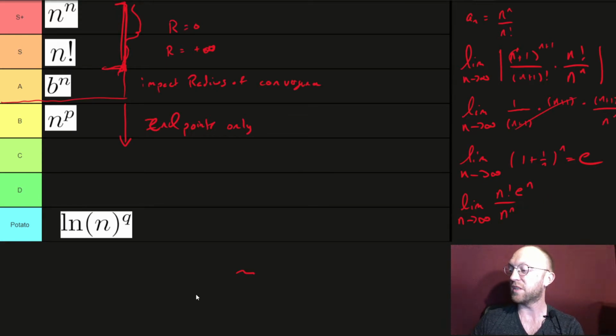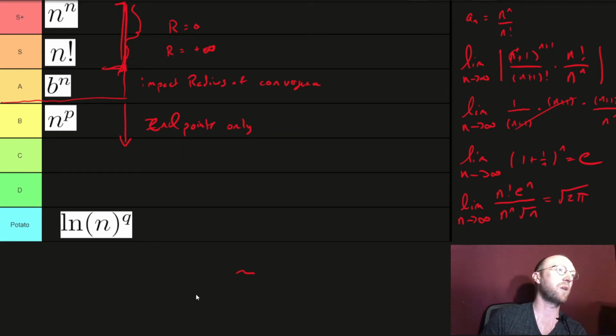And so it turns out the right thing to balance these terms out, n factorial e to the n over n to the n times root n, is going to give us a finite number, and that's square root of 2 pi. So that's about how much bigger n to the n is. This is my factor that I need to account for, n factorial versus n to the n.